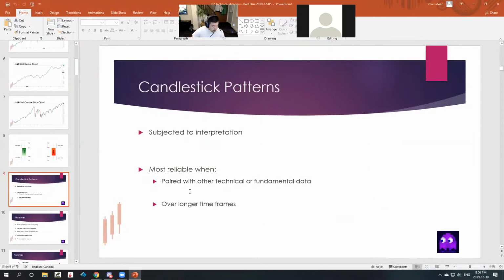So when it comes to looking at candlesticks, right, we can look at individual candles and get information and meaning out of individual candles, or we can also look at a series of candles and get information out of what the price action is trying to tell us based upon what has happened during that time frame.